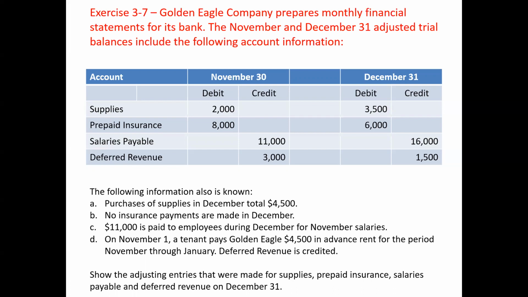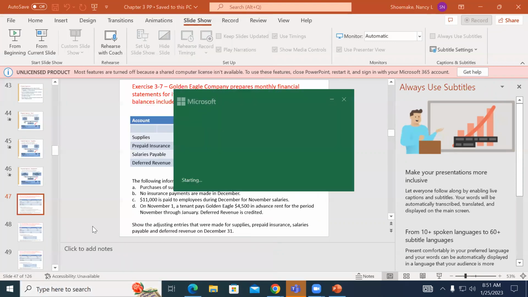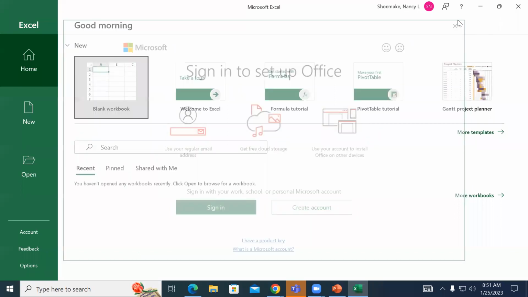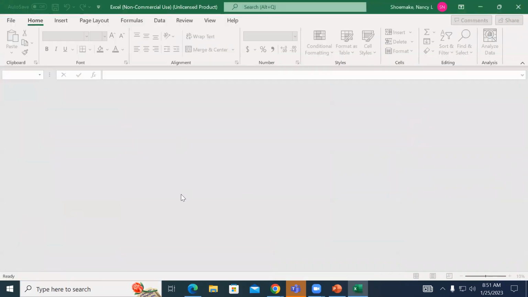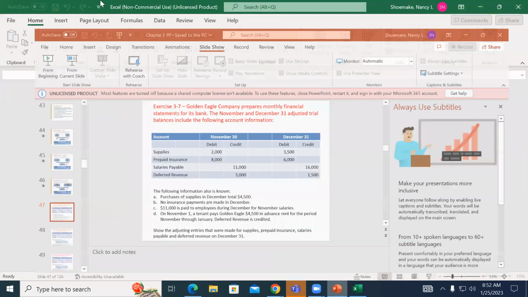I probably should do it on my computer so everyone can follow me. Sorry. So let's get an Excel out. So we started with $2,000, we ended with 3,500.